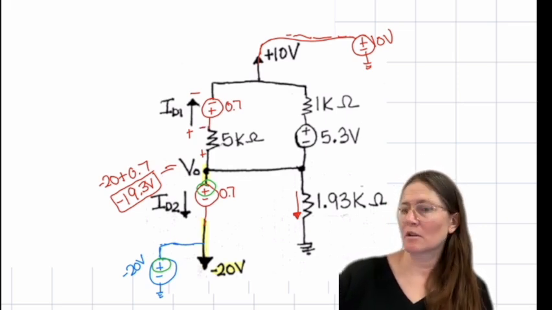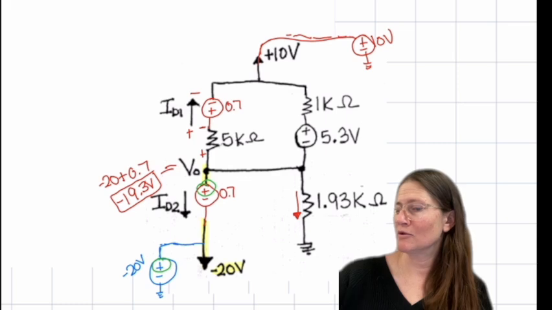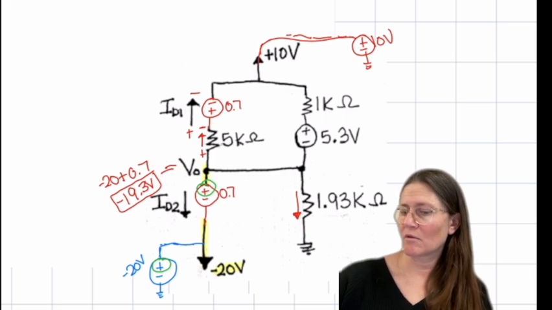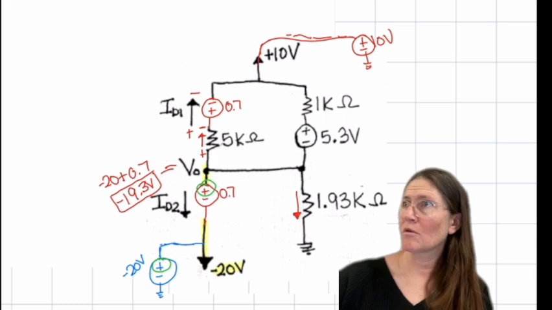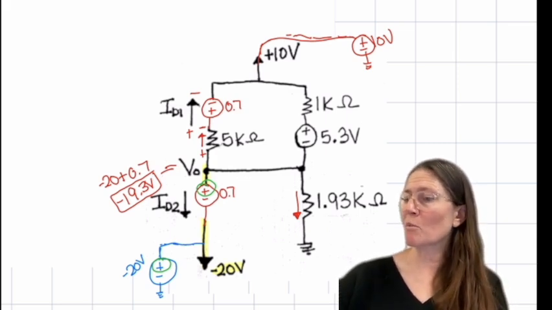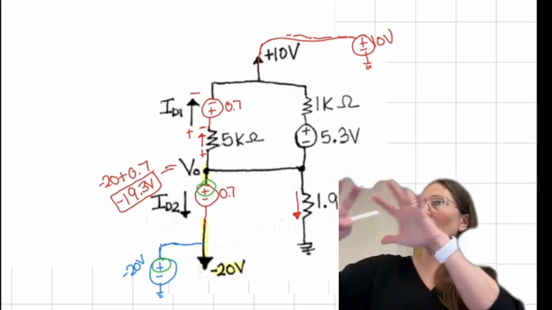I meant the one going across. But you just found the voltage at V naught from just the negative 20 volts. Is there not any voltage from the other two branches going out of it? Yeah, but they're all at the same node. Remember, a voltage is going to be everywhere that wire goes.